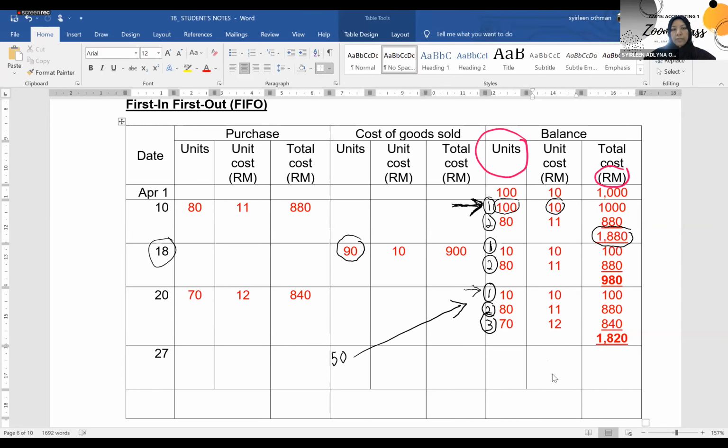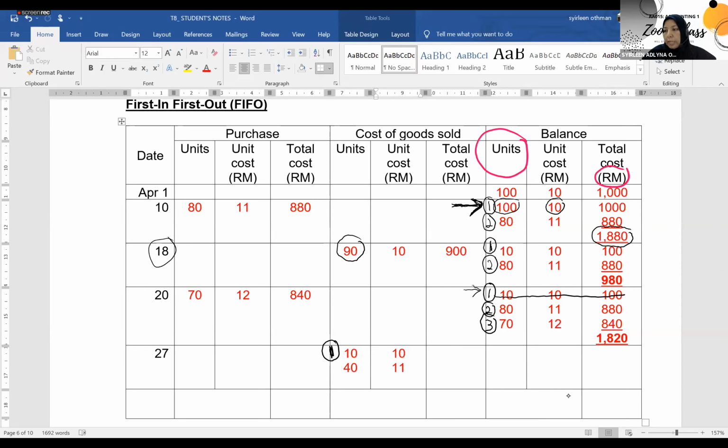So, out of this 50, madam ada 2 batches of inventory yang akan keluar. Which is, yang ini, taken from batch 1. Batch 1 ni, ada 10 unit. So, batch 1 ni dah jual, habis.